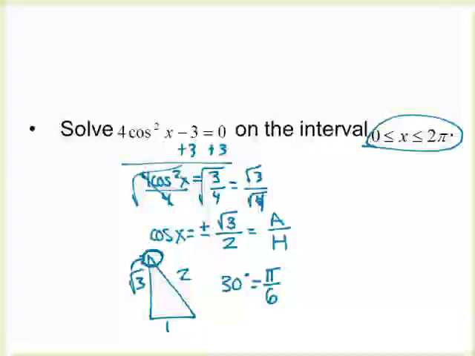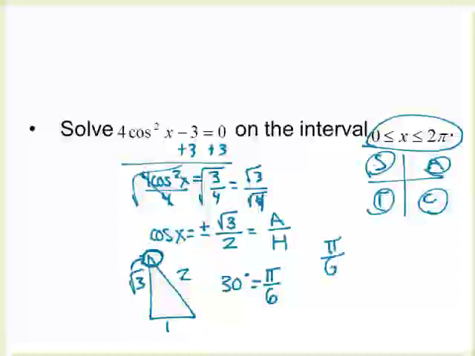Now, because of that plus and minus, our answer is going to occur in all 4 quadrants. So you don't even really need to draw it out if you don't want to, because that plus and minus is going to make us have all 4 answers. So in the first quadrant, what will my answer be? Pi over 6. First quadrant, the answer is the base angle.